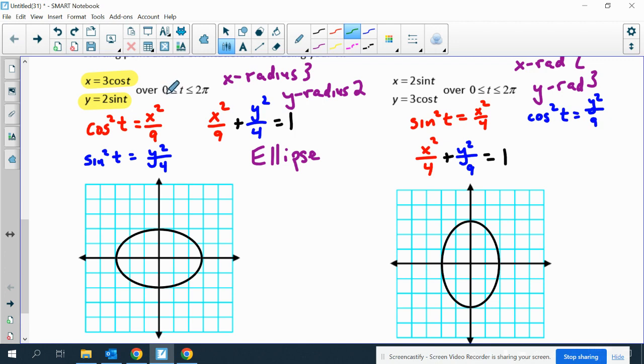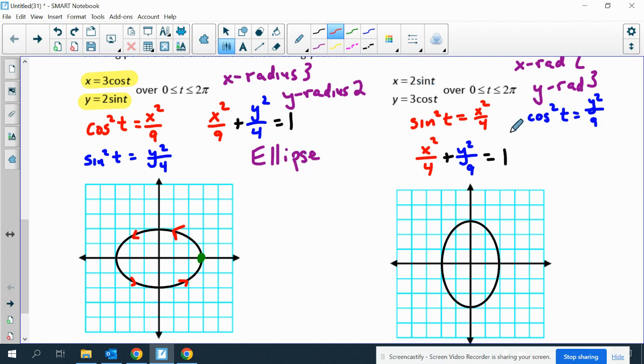If I substitute in 0, I see that I get (3, 0) as my starting point in this one. And if I substitute in something that's relatively easy like pi halves, I would see that I get (0, 2). So my starting point is over here, and my orientation around the ellipse goes counterclockwise.